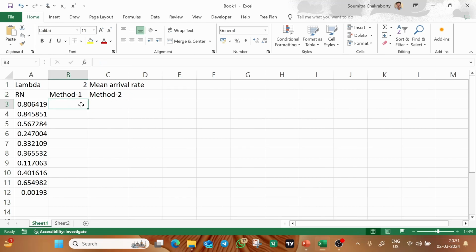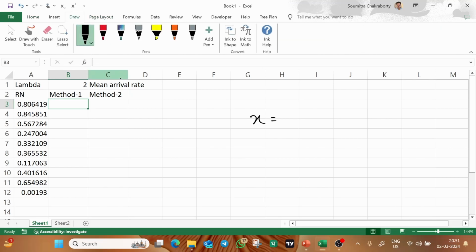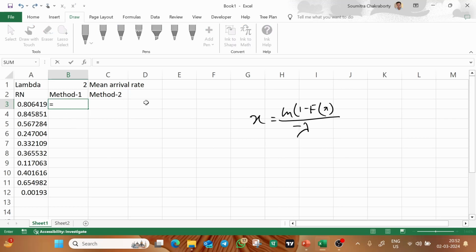So what was our first method? That is the fundamental CDF, using your exponential CDF. That means x is equal to what? Ln of 1 minus Fx, divided by minus lambda. This was already mentioned in the slide. So now I am trying to implement this in Excel. So ln of 1 minus Fx. What is Fx? We all know Fx is nothing but our random number.